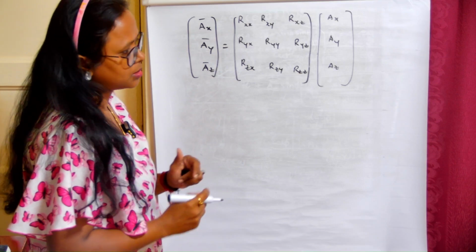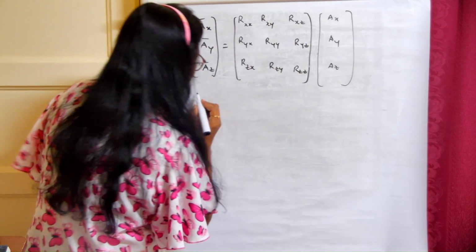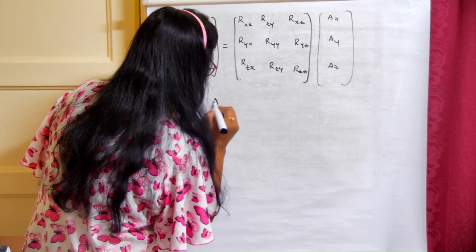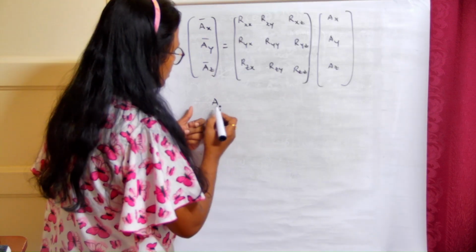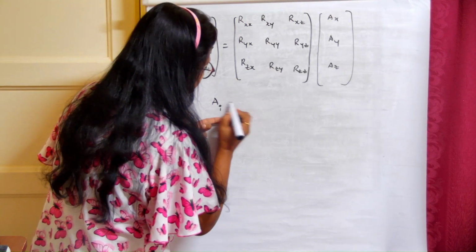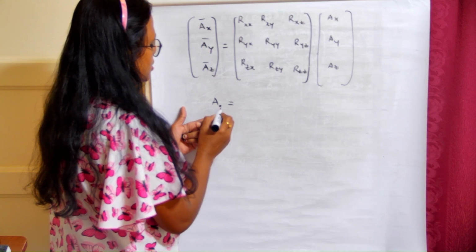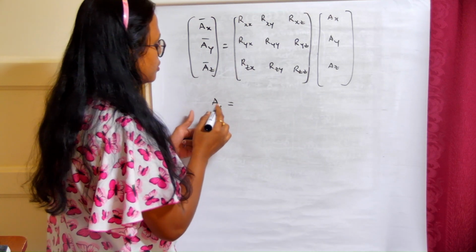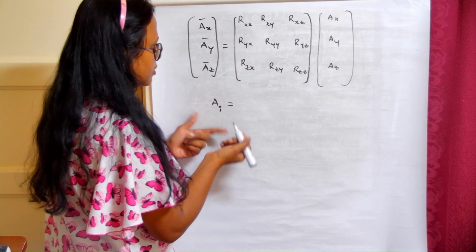Having this in mind, let me write it in a more compact way by using an algebraic equation for each component of the vector. Let us take this as Ai. This is the component of our interest. It may be Ax bar, Ay bar, and Az bar, anything.